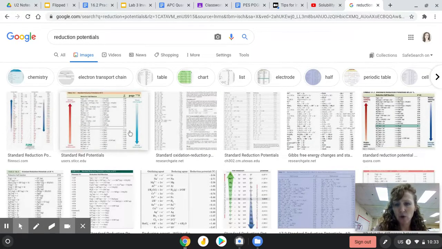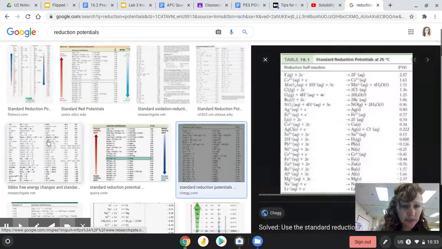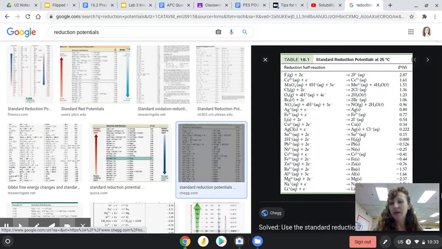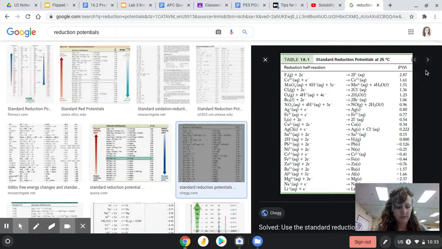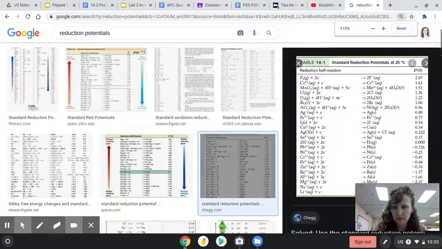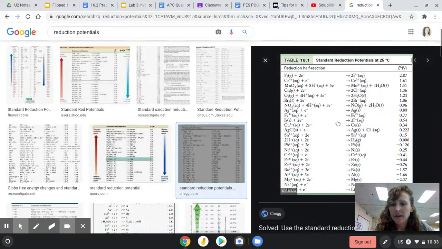All right, for example, let's use the one that we're going to see the most clearly. How about this one? Nope, we don't want Gibbs free energy. Get out of here. How about this one? Here we go. Okay, standard reduction potentials. Is that going to work? That's not going to work. All right, let me see if this works. Copy.